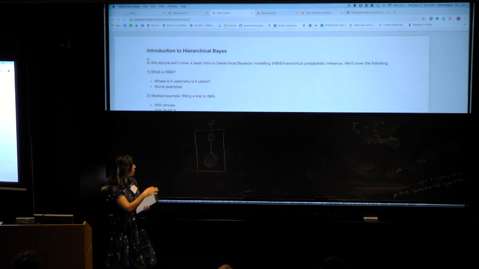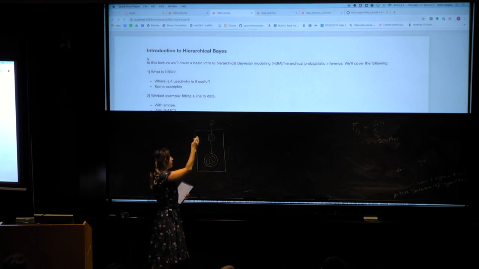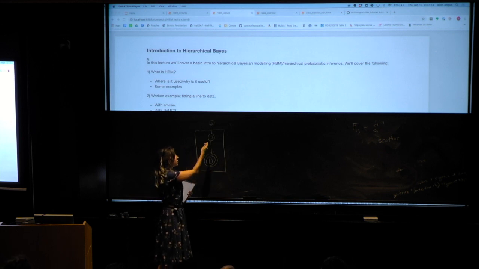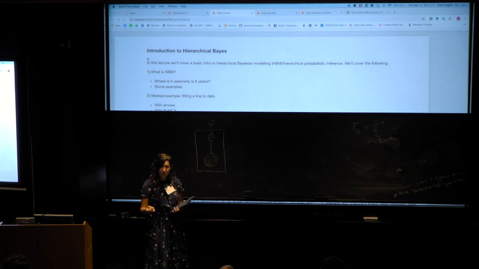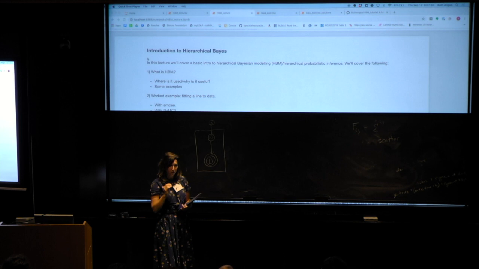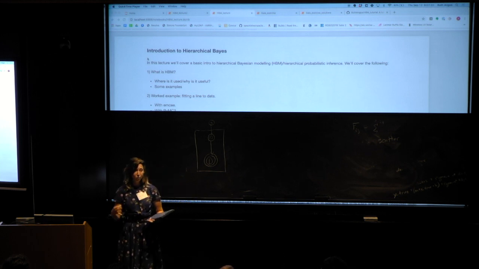So we have priors which define the probability distribution of our model parameters. And if our model parameters are drawn from a distribution, then we need to have observations from each of those model parameters, which means usually we have a family of observations, a group of observations.